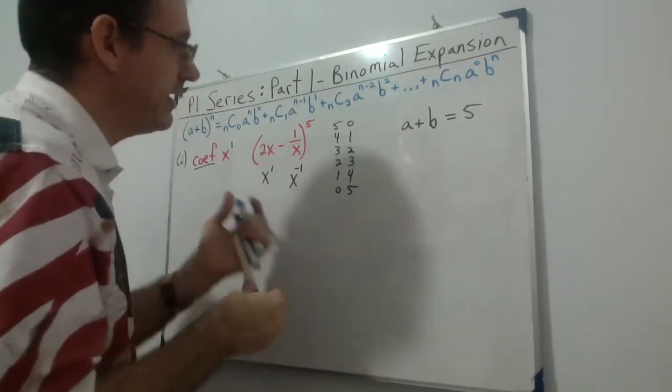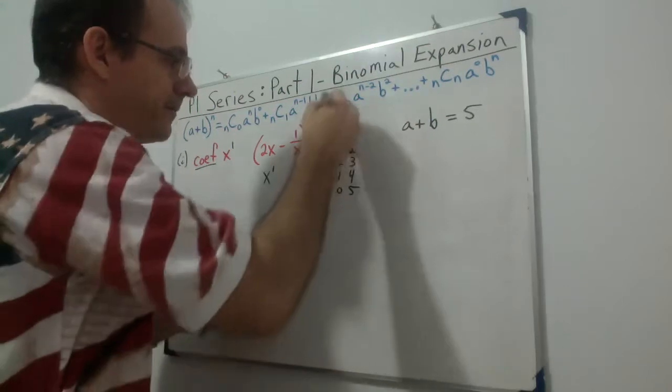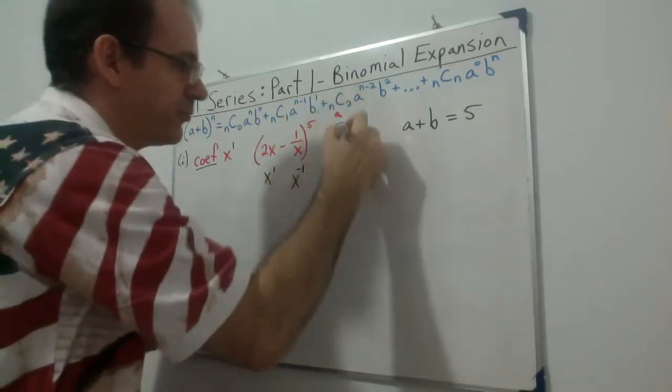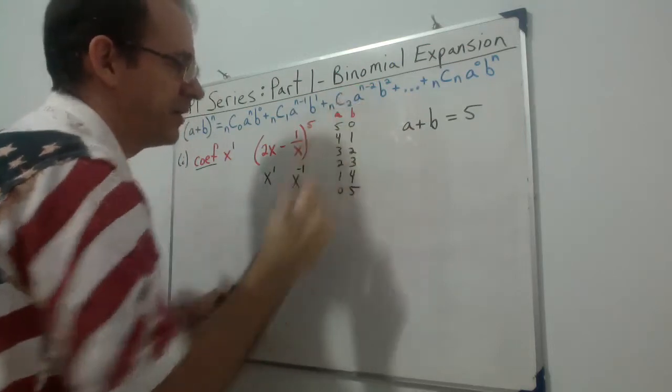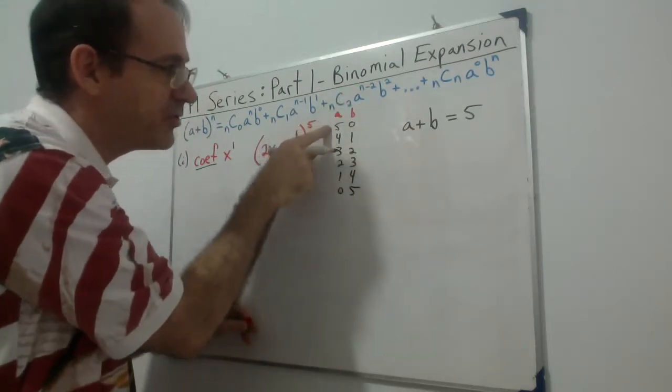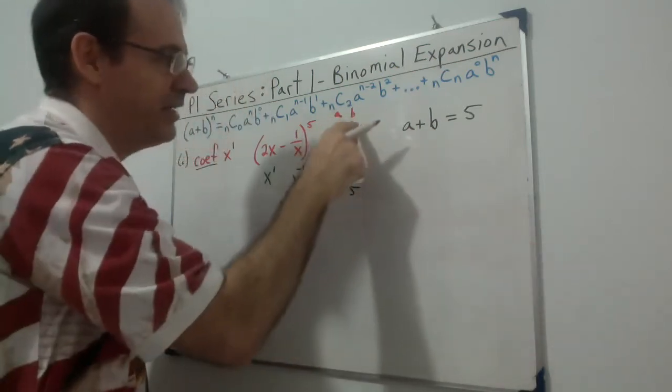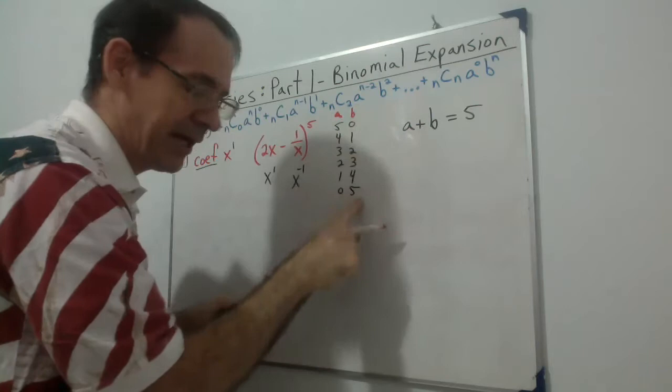Notice this row here is from the a term, and this row here is from the b term. Remember, the a term started at the high exponent and went down by 1. The b term started at the 0 exponent and went up by 1.